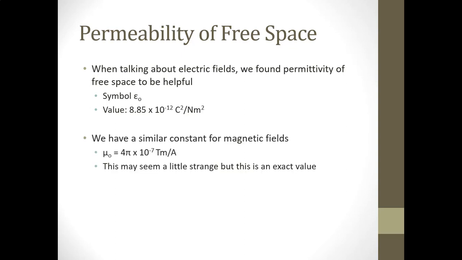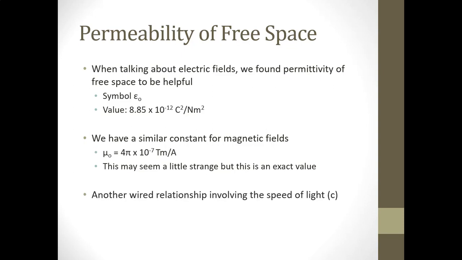For magnetic fields, we have a very similar constant: how do magnetic fields travel through the vacuum of space? The value of mu 0 happens to be 4 pi times 10 to the negative 7th. That seems like a really odd number to me, and it's crazy that it's 4 pi, but it is. It may seem a little strange, but 4 pi is the exact value, to the best of our knowledge, of the permeability of free space.